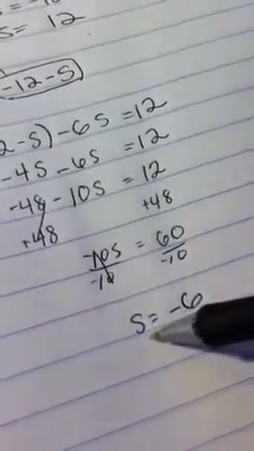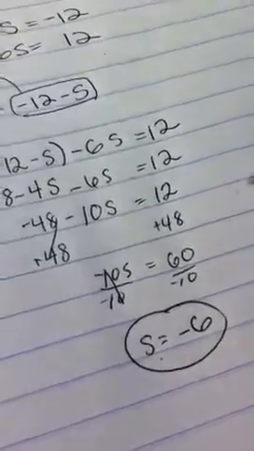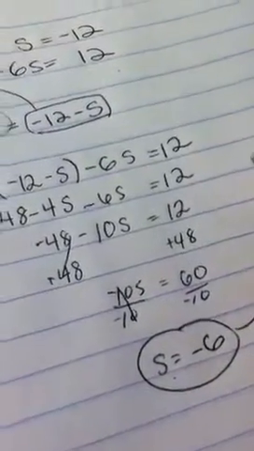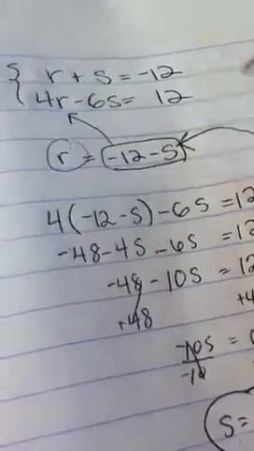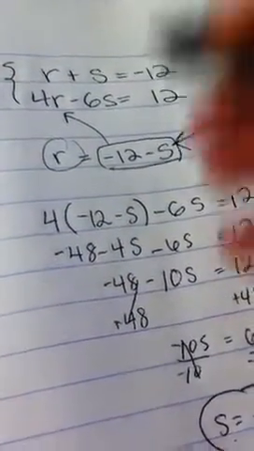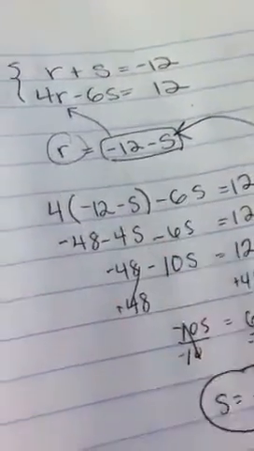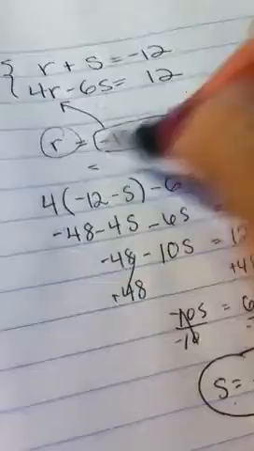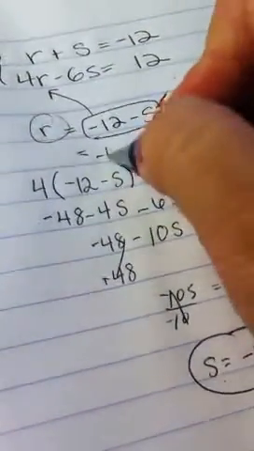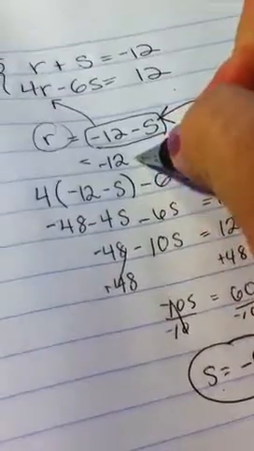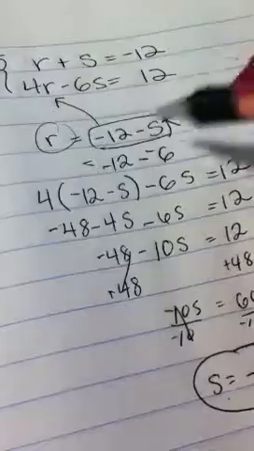So I found one of my variables. Now all I have to do is take this number and plug it back into my equation up here. Where I said r equals negative 12 minus s, that means r equals, since I said s is negative 6, negative 12 minus a negative 6 is equal to r.